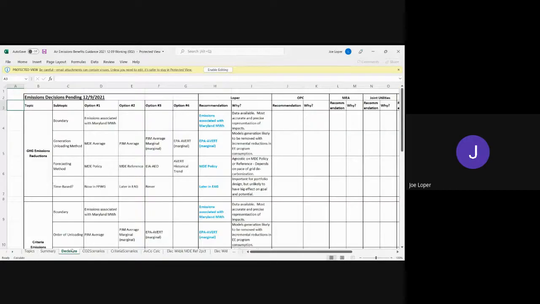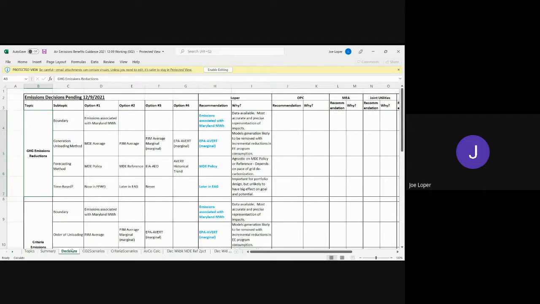So we've updated these per different discussions, just trying to make it relevant and to be responsive to what we see as the most likely decisions and discussions. I would like to walk through these decisions again as quickly as I can.